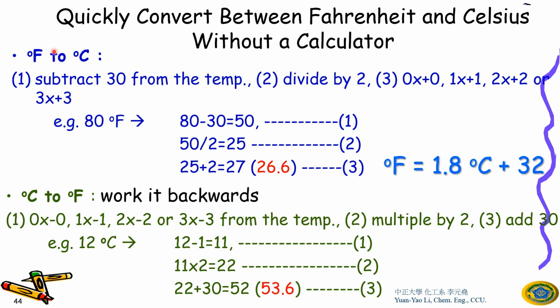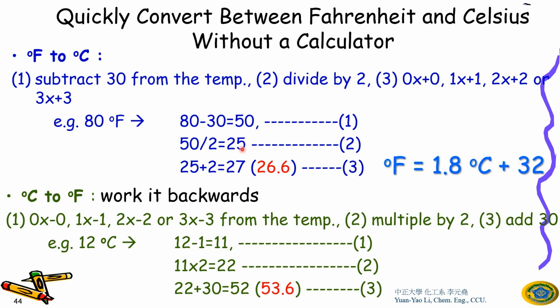So first of all, if you have 80 Fahrenheit, you subtract 30 from the temperature, so 80 minus 30 becomes 50, right? Easy, right? And then you divide it by 2. This 50 divided by 2 is 25. And then if this number is only one digit, you add 0. If it's about 10 to 19, you add 1. If it is 20 to 29, you add 2.